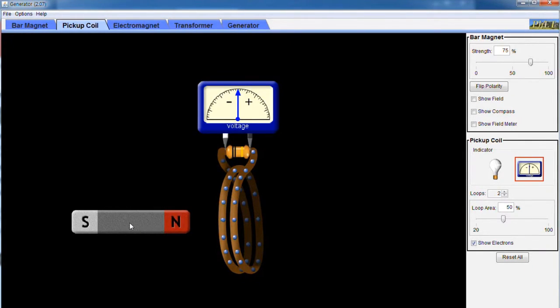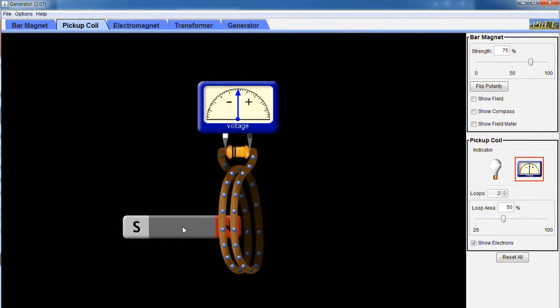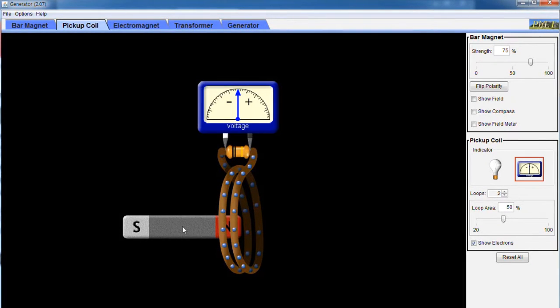First I will move this magnet closer to the loop, and let's see where it goes. Did you see? This needle tilted toward the negative direction. Then I take it away. Let's try again. I move closer, and it was to the negative direction, and move it farther away, it was the positive direction, right?